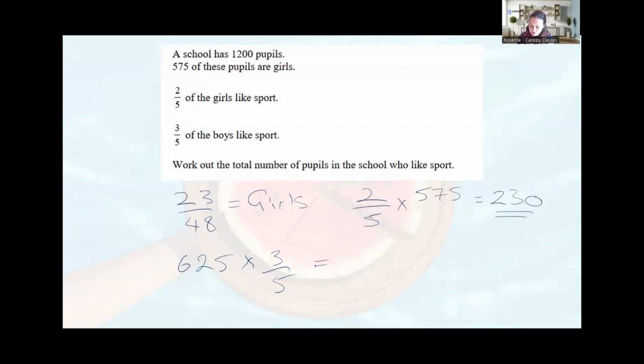So we're going to divide 625 by 5 to get 125, and then multiply up by 3, and that gives us 375. But of course, we now have to add those two together to find the total number of children or pupils that like sport, and that gives us 605 pupils in total in the school that enjoy their sports.